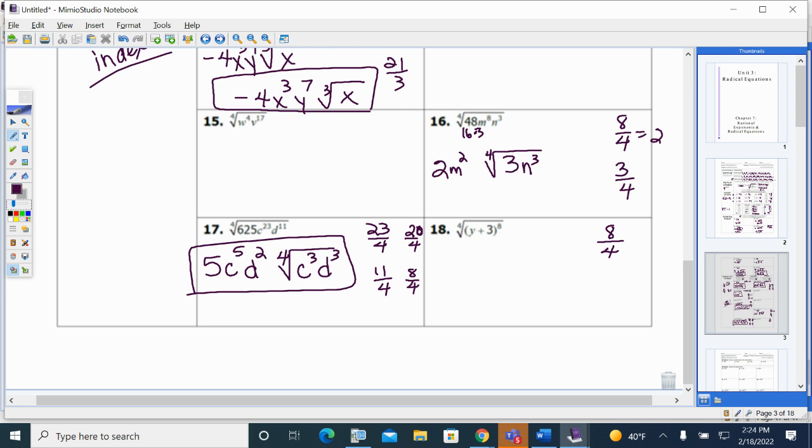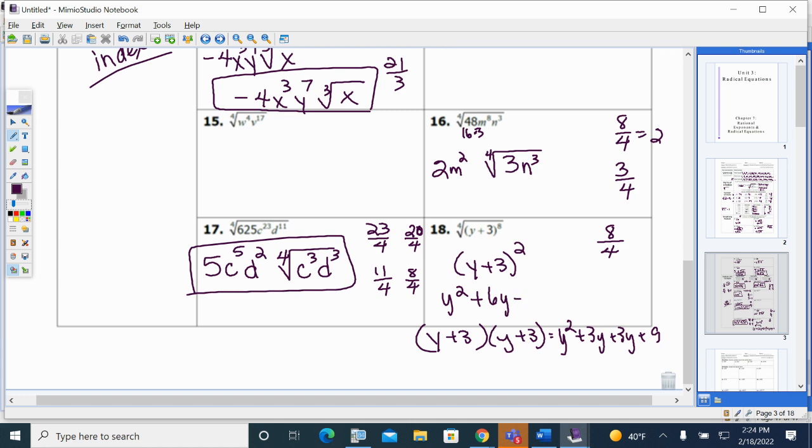So technically, this just becomes y plus 3 squared. And of course, you could FOIL that out. Y plus 3 times y plus 3. And you get y squared plus 3y plus 3y plus 9, giving us y squared plus 6y plus 9 for our final answer on number 18.